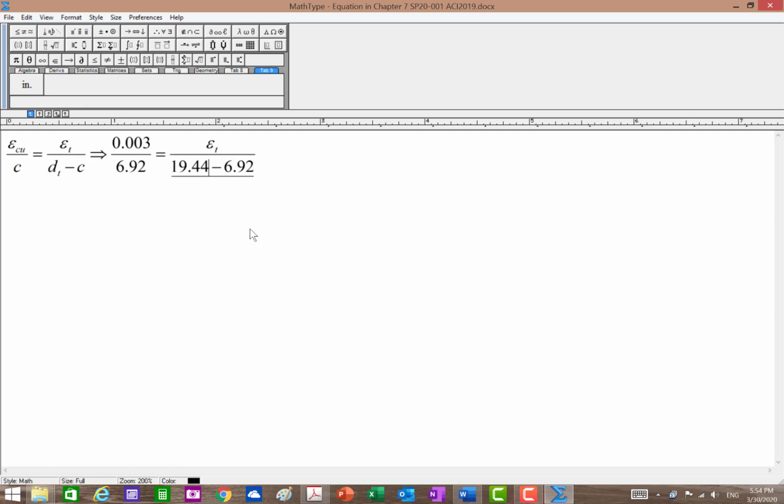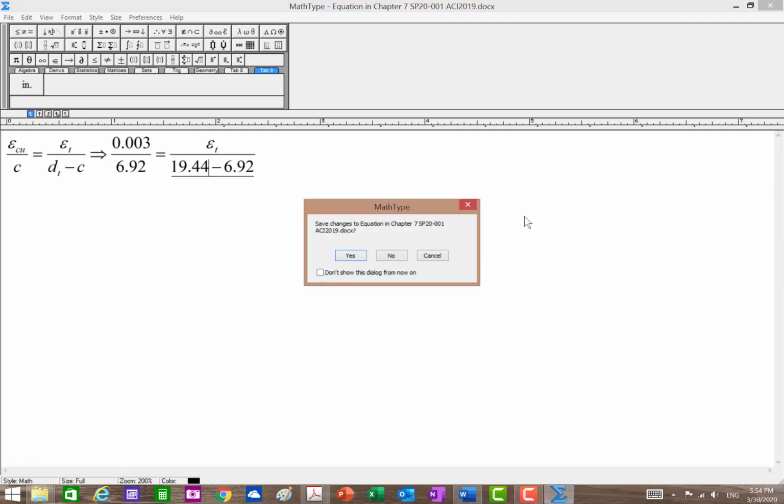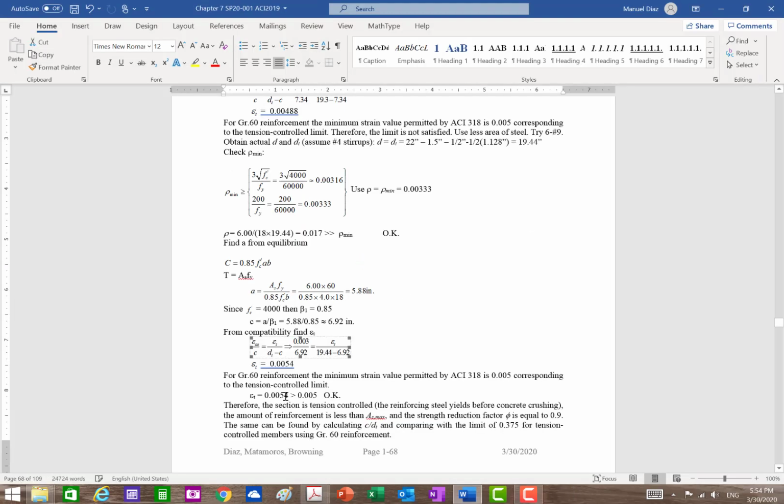We get about the same, 0.00543. So not much difference, it's about the same, 0.0054.